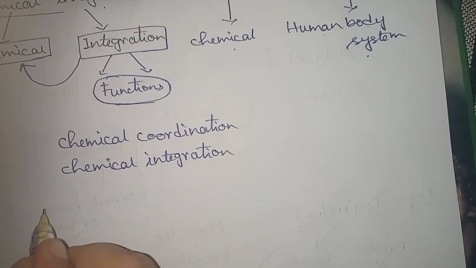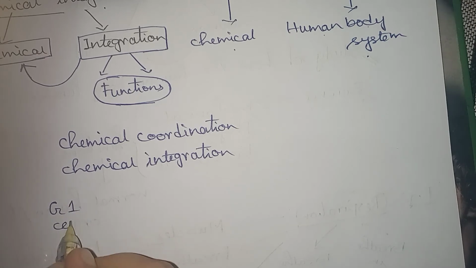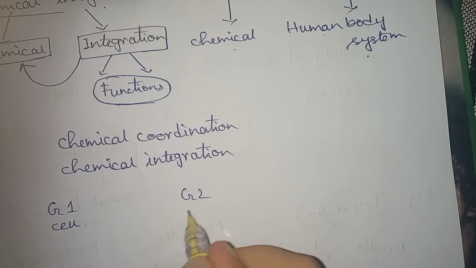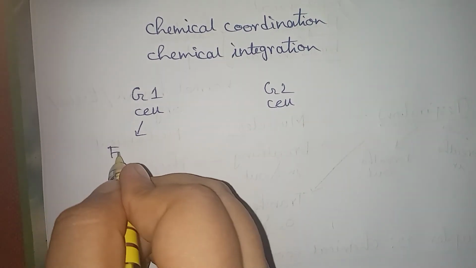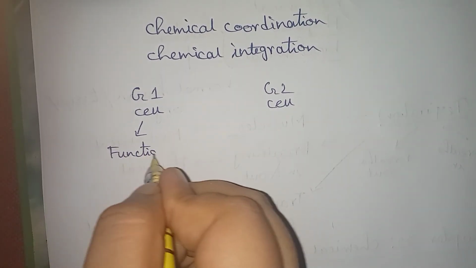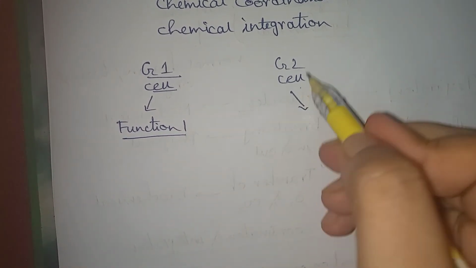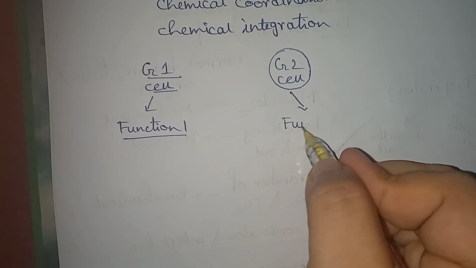First, there will be one group of cells, let us say group 1 cell, and another group 2 cell. Group 1 cells have some specific functions, let us say function 1, and group 2 cells also have some specific functions, let us say function 2.